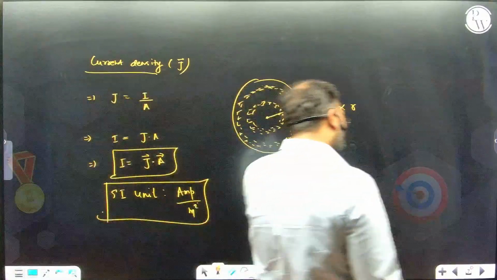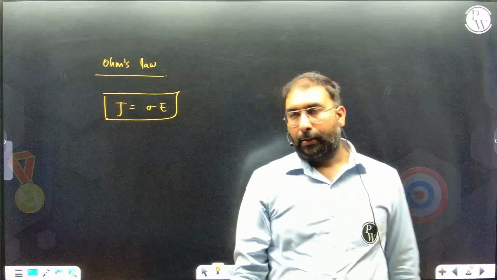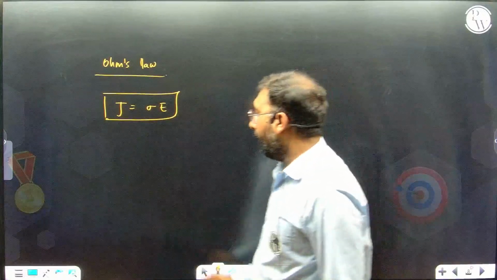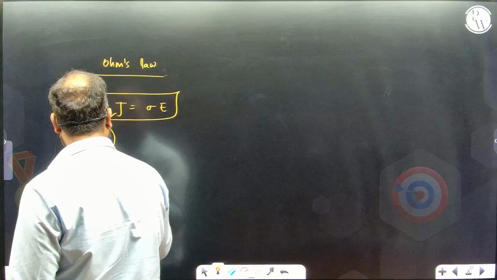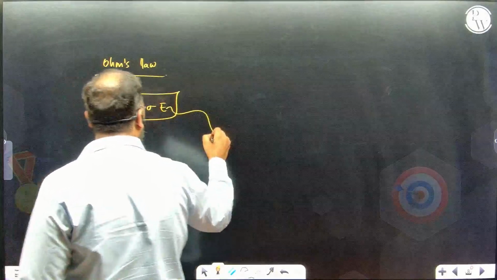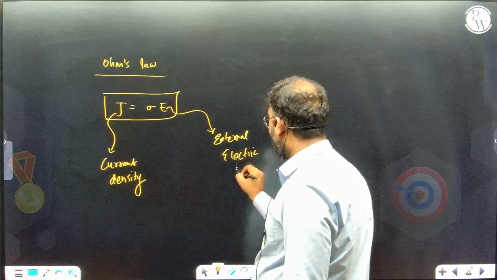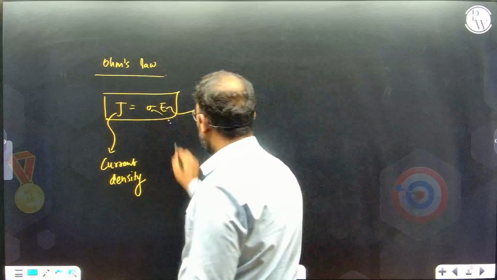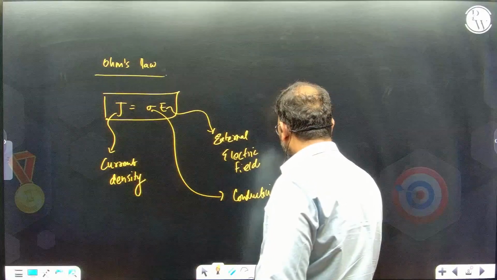If we see Ohm's law at the microscopic level, we'll find the Ohm's law for a conductor, and that is J equals sigma into E. So Ohm's law at the microscopic level for a conductor will be J equals sigma into E, where J is the current density, E is the external electric field, and sigma is the conductivity of the material.